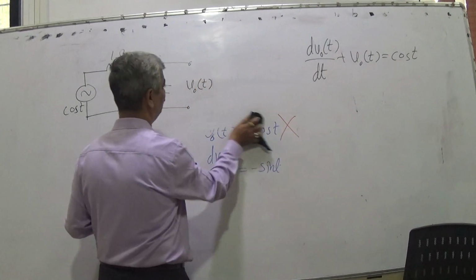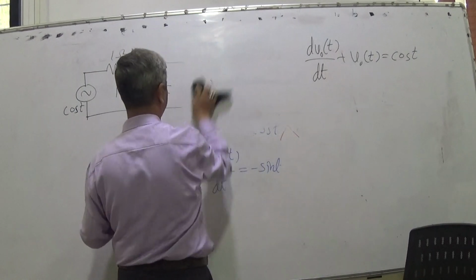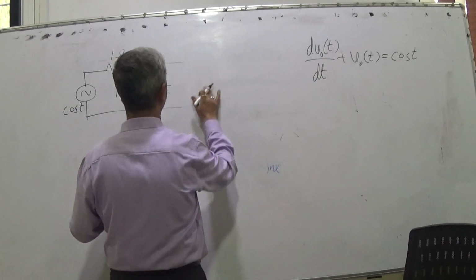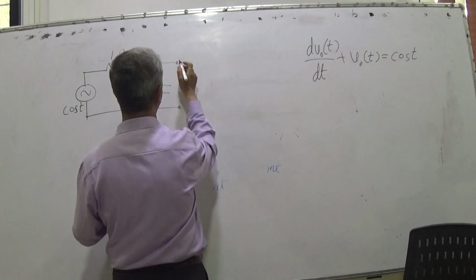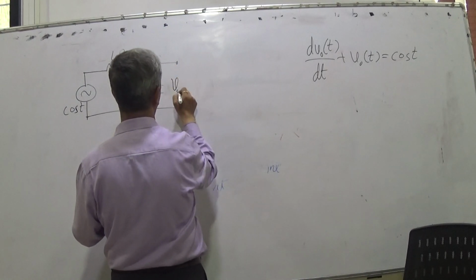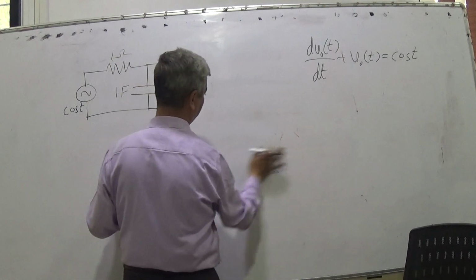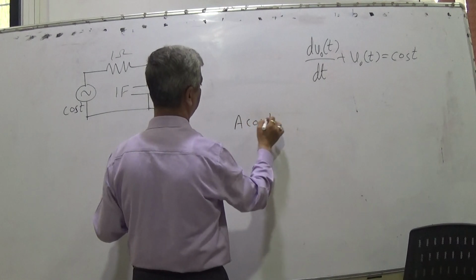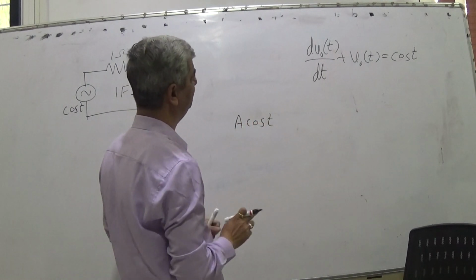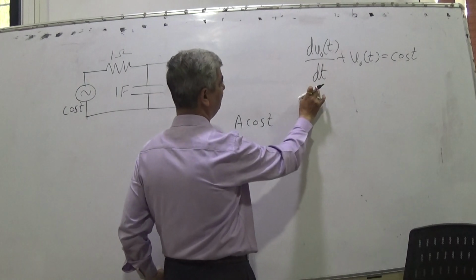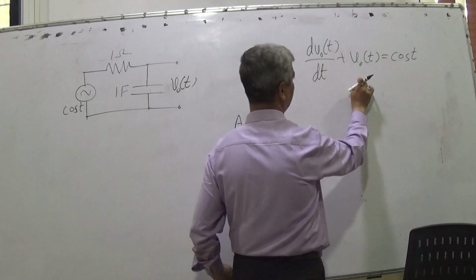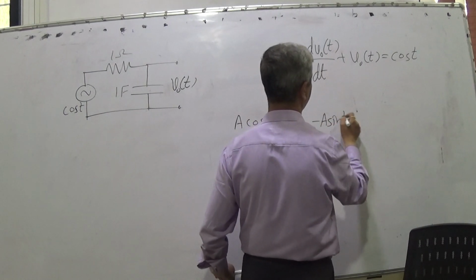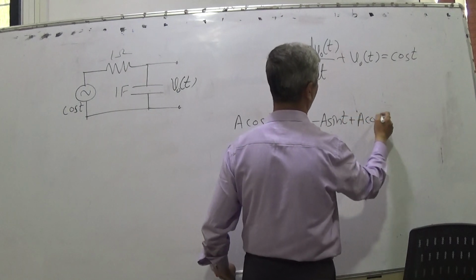Then what can you think of? Neither only cos t nor only sin t is going to help. So then you can add some multipliers. So you can have a cos t. If u is a cos t, then du by dt is minus a sin t, so minus a sin t plus a cos t, right?